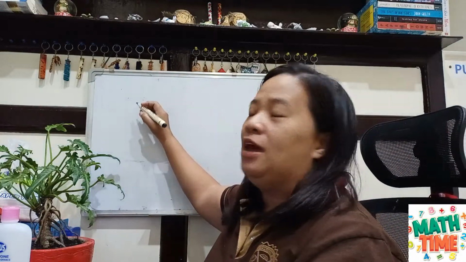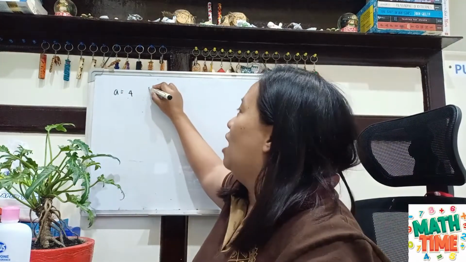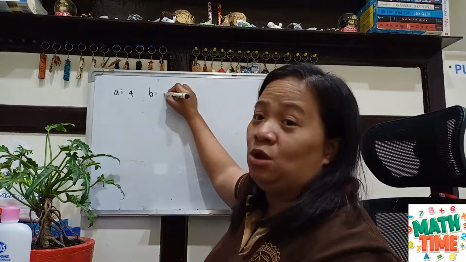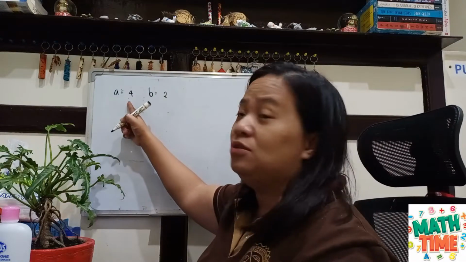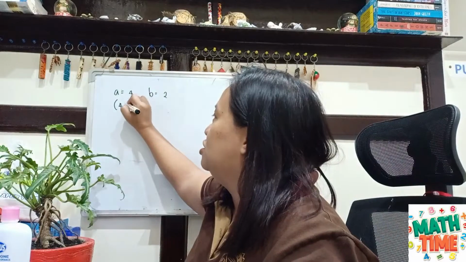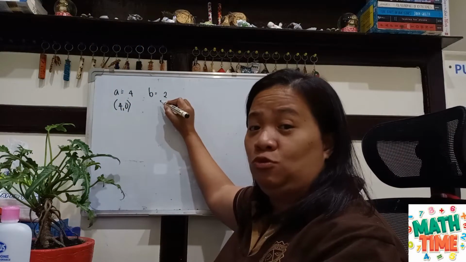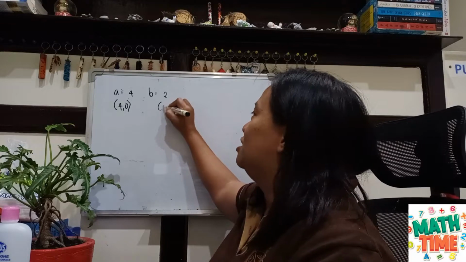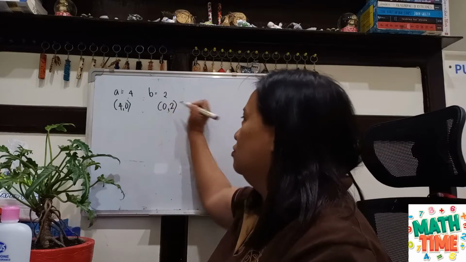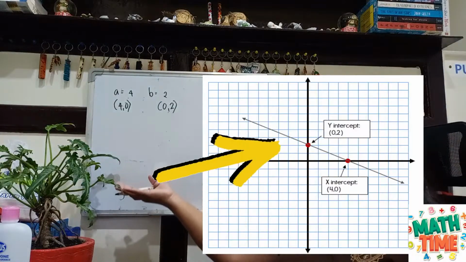Suppose we are given an x-intercept which is equal to 4 and a y-intercept which is equal to 2. If you are going to write this as an ordered pair, this would be 4, 0. And our y-intercept, which is 2, could be written as 0, 2. So if you're going to graph that, this would be the graph.